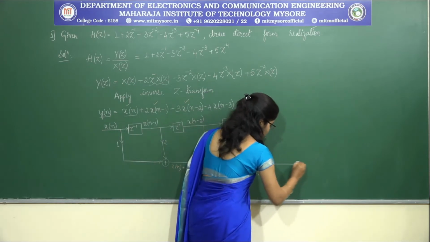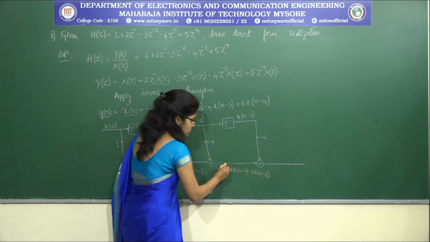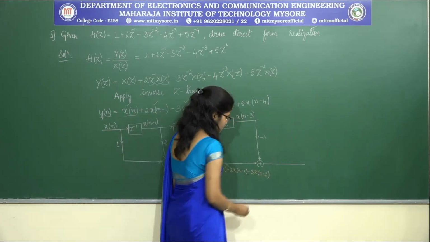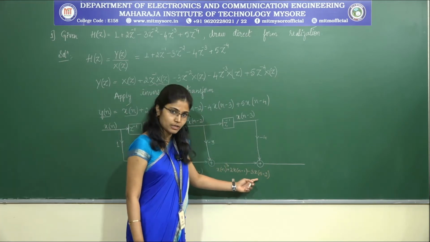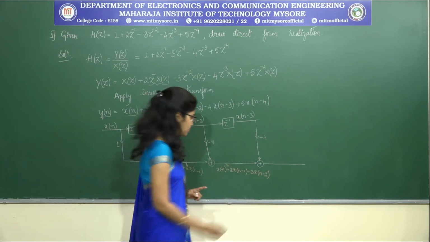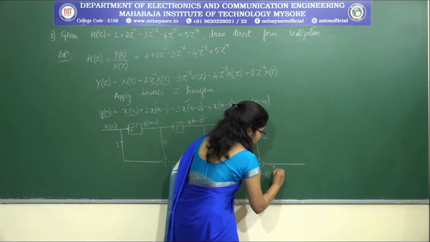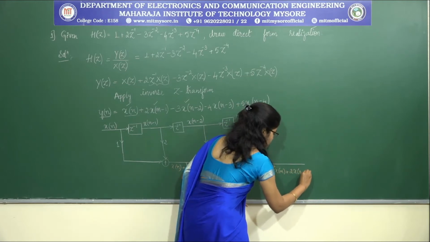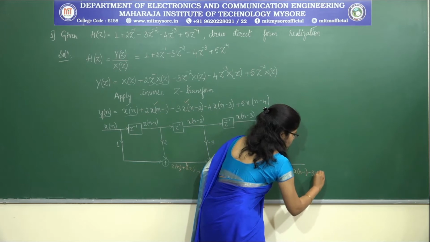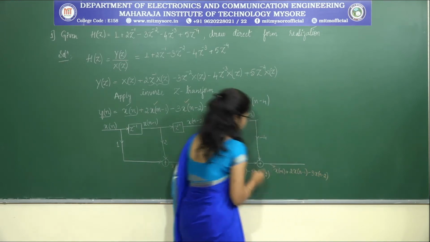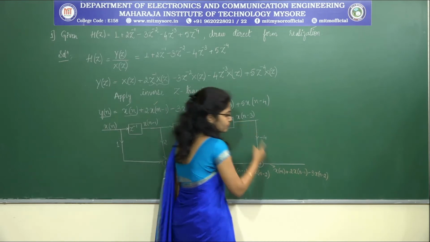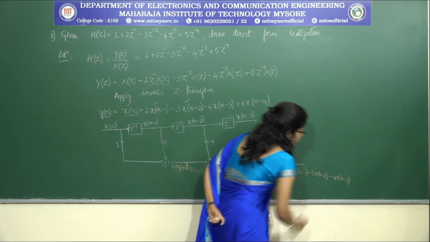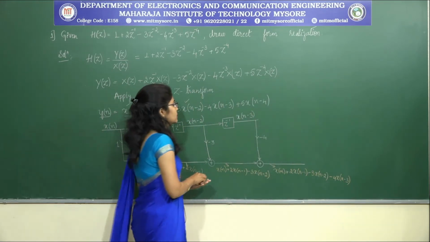If we check the output of this stage, this entire thing is the first input and this is our second input. So what will be the output at this particular point? It is x(n) plus 2 into x(n minus 1) minus 3 into x(n minus 2), then minus 4 is multiplied with x(n minus 3). So it is minus 4 x(n minus 3), correct. This is also done.